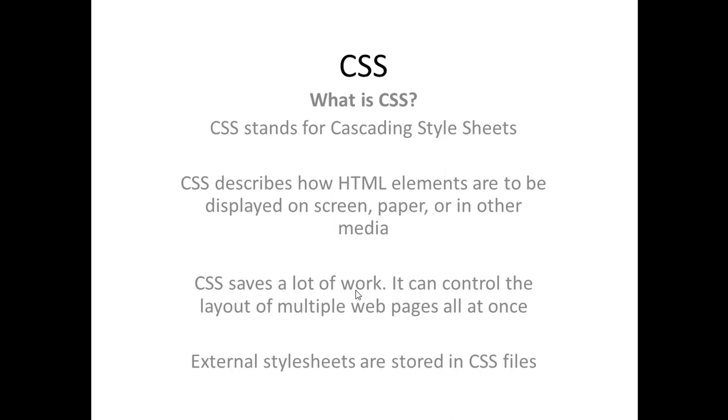This means that, for example, if you want to apply a certain format for your header inside your web page, and you have like 1,000 web pages inside your website, instead of every time typing H1 color red, you just write it once in a CSS file, or write it in between the head tag once, and that's where we sometimes have to write CSS.